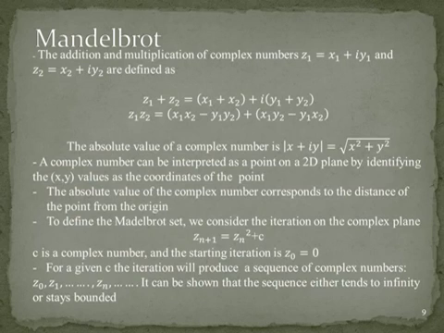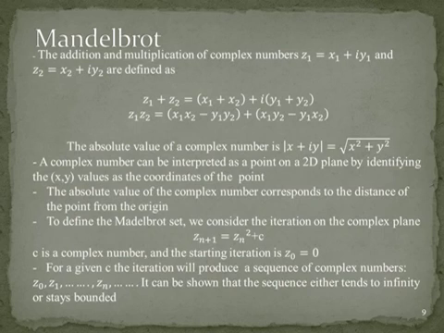For the addition and multiplication of two complex numbers, if z1 equals x1 plus i y1 and z2 equals x2 plus i y2, then z1 plus z2 is the addition of the real parts, x1 plus x2, and the addition of the imaginary parts, y1 plus y2.